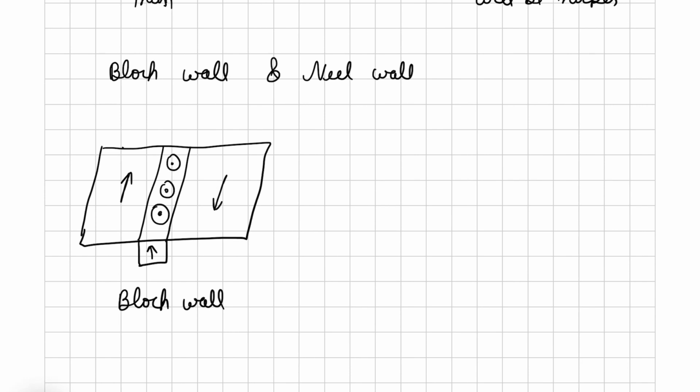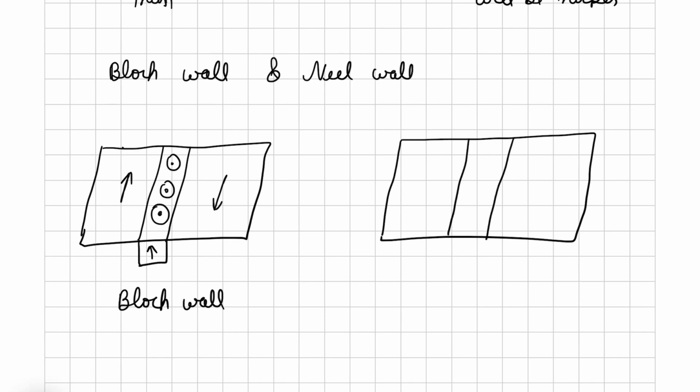We can have another scenario where, let's say, the same system, this side up, this side down. And now the spins are oriented in this plane itself. So this is called the Néel wall. I can say that coming out of this spin, this is going inside.